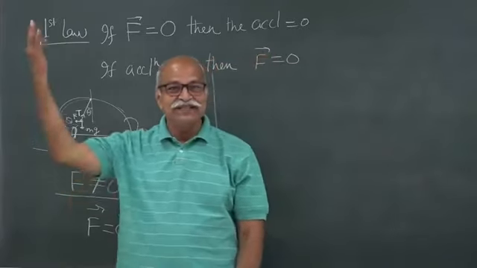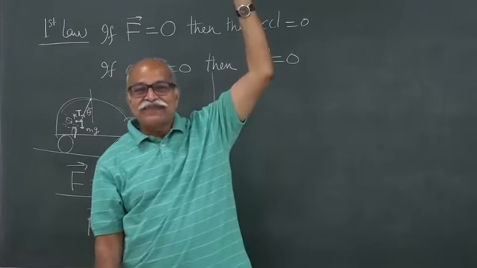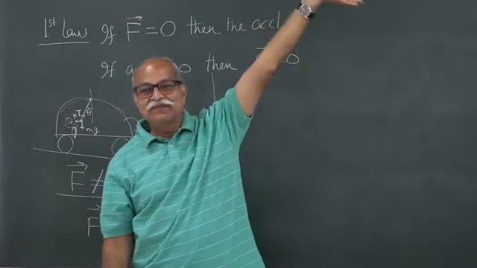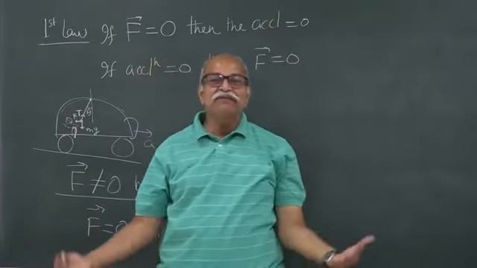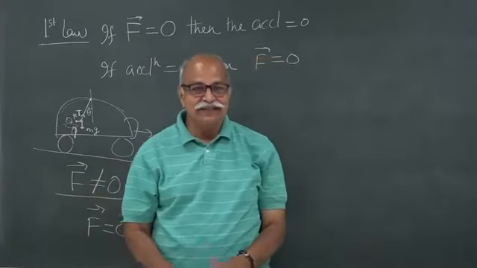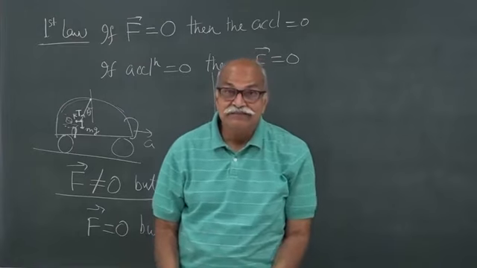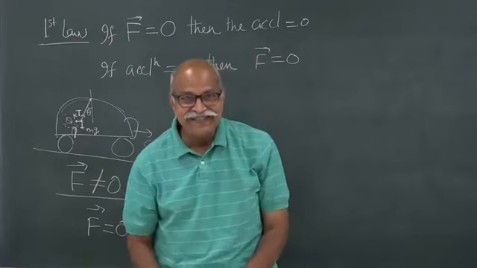The technology is advancing very fast, and we are going in spacecrafts to other places, moon and Mars and all those things, but most of the time we are on the earth, and therefore a very suitable frame of reference is earth, and that is not inertial.